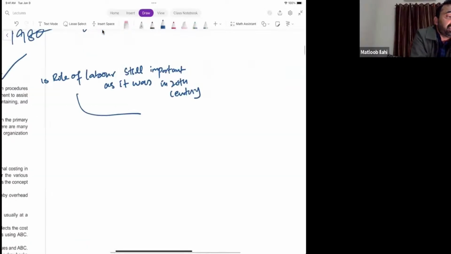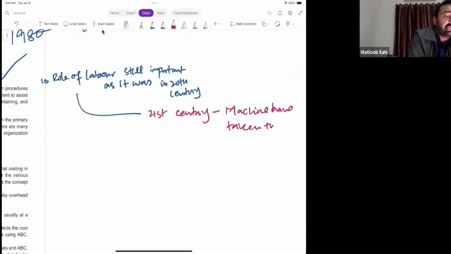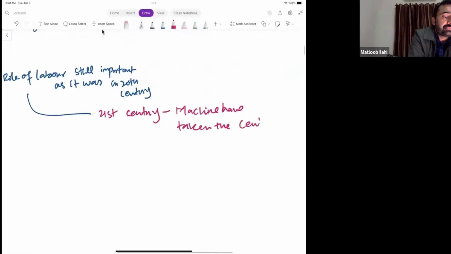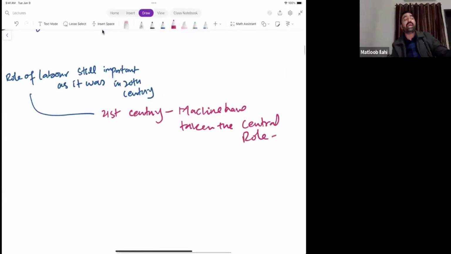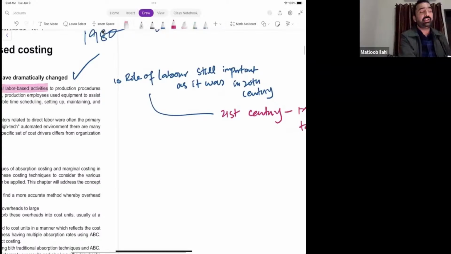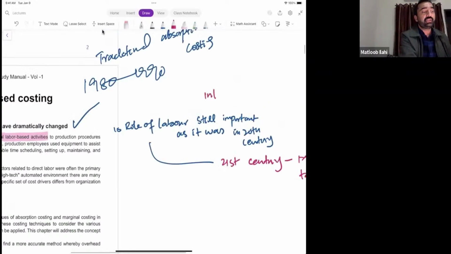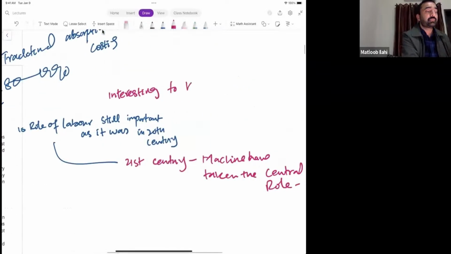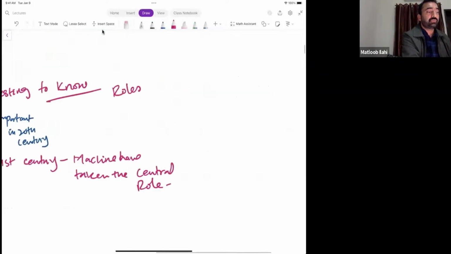In the 21st century, machines have taken the central role in doing business. So the role has changed. Very interesting to know.